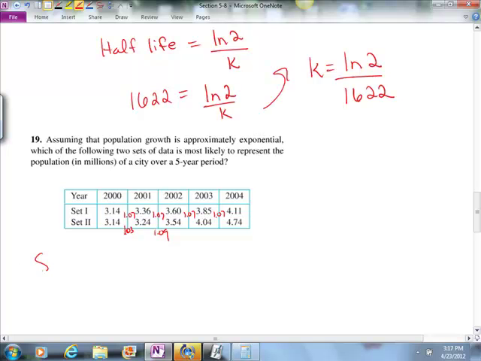So set 1 appears to represent the population because it looks like we have a ratio. The ratio seems to be 1.07.